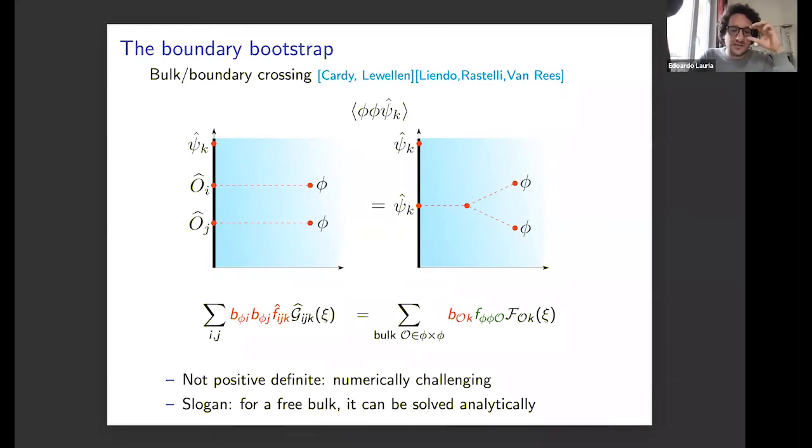And the very good news, which is a slogan for me, is that when the bulk CFT is a free CFT, this can be solved analytically. So there is a very special sweet corner in which the bulk CFT is a free CFT, and we want to study conformal boundary conditions for a free theory, where all this corpus of conditions can be solved directly.